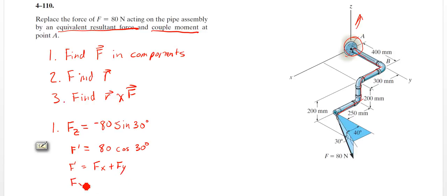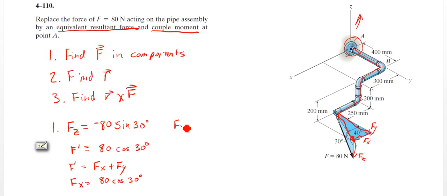So F of x is going to be 80 cosine 30 degrees, and that gets us up to this section here. Then we're really looking for this component. So that's Fx, this is our Fz here, and this larger section here is going to be our Fy.